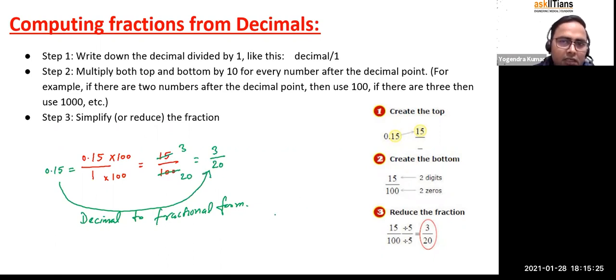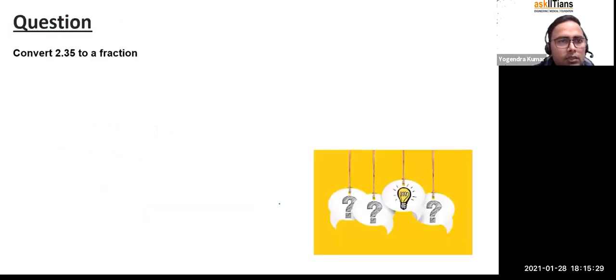We can take a different example also, of course, and you can do it the same way. Suppose this question is there: convert 2.35 to fractional form, right? So 2.35 divided by what do I have in the denominator? 1, right? Now what should I multiply up and down? Because 2 digits are there after the point, we should multiply by 100.